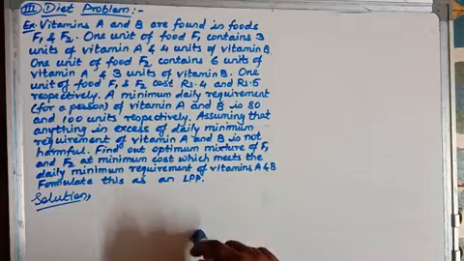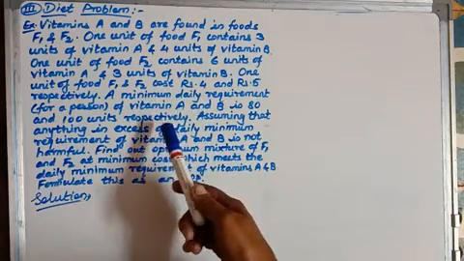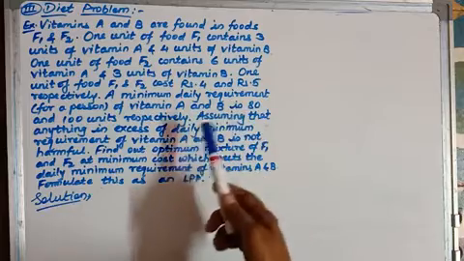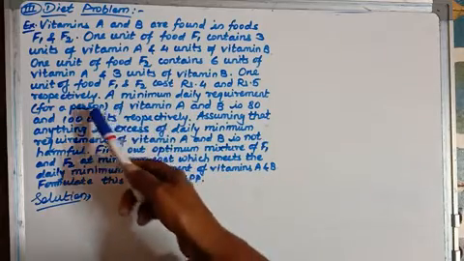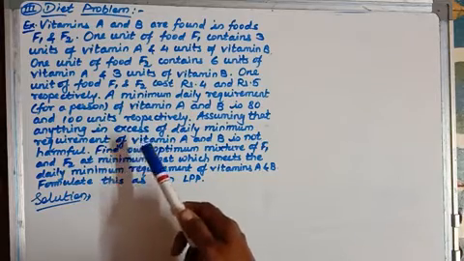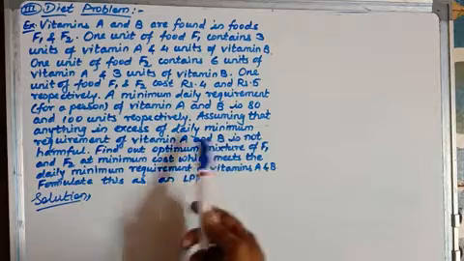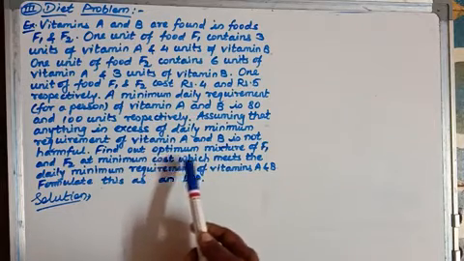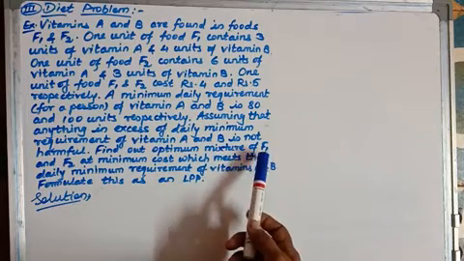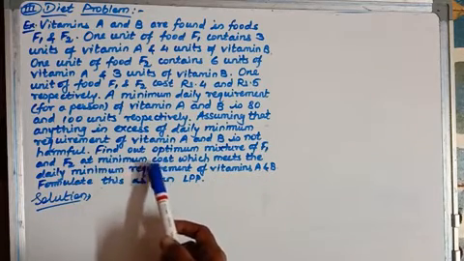The minimum daily requirement of vitamins A and B for a single person is also given, and it is given that taking an excess amount of these vitamins is not harmful to our body.